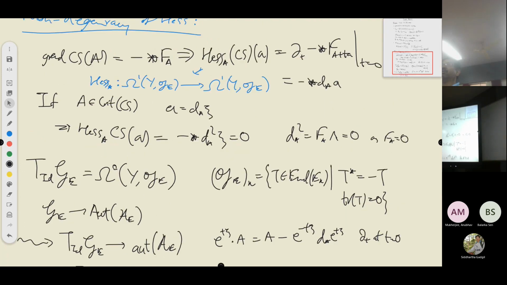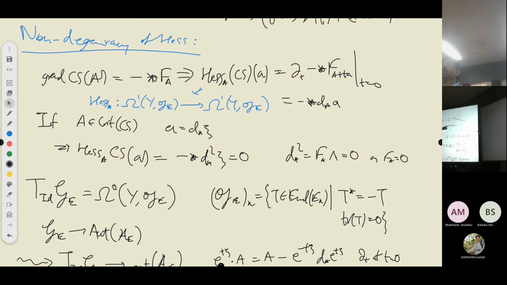That's sort of why this star is showing up as well, because that star, for example, converts your two forms to one forms, and you can be even more pedantic and say the star has to take into account the duality at the Lie algebra level as well. I'm not doing that, but you're right that I'm identifying the dual of one forms on Y with values in g_E with itself by the Hodge star on forms, and on this part I'm just using the Killing form.